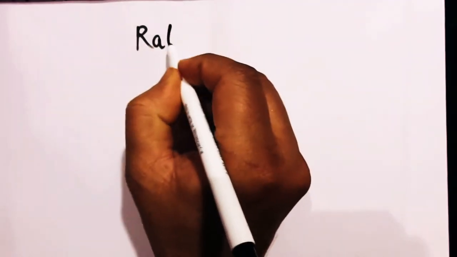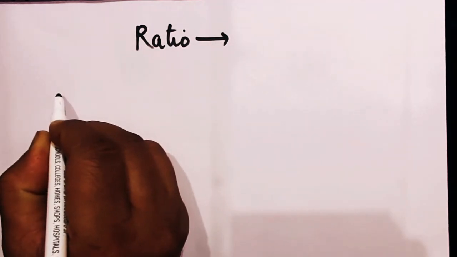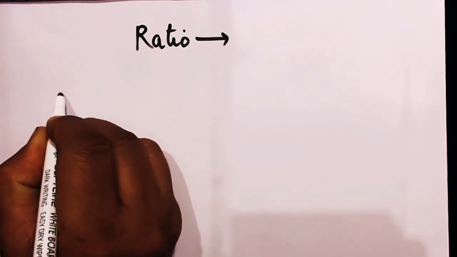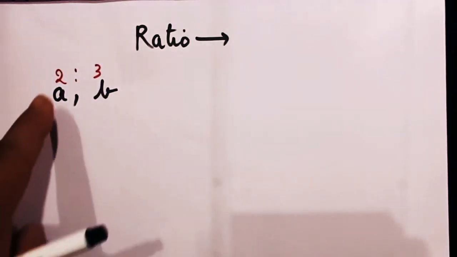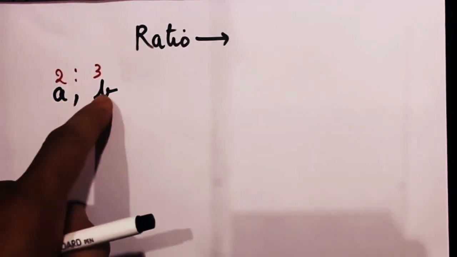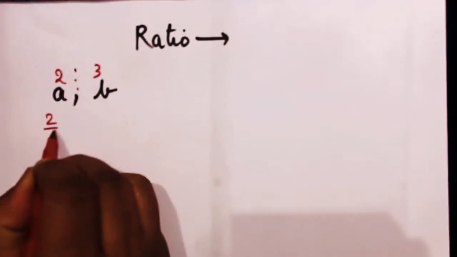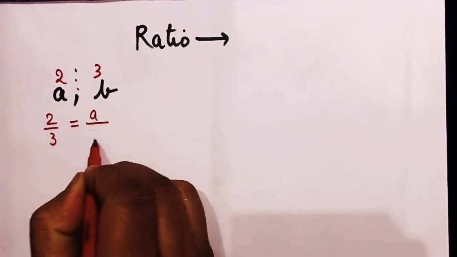We had learnt that a ratio, if there are two numbers like a and b, can be written as 2:3 also. So if you have a ratio 2:3, you can write it as a is to b. This means 2/3, which you can write as a by b.